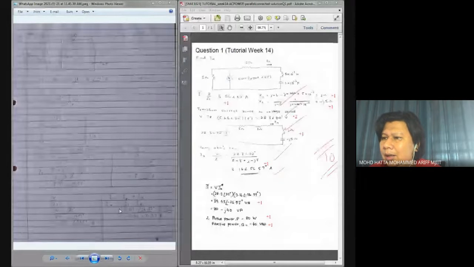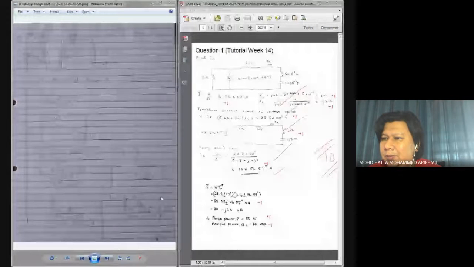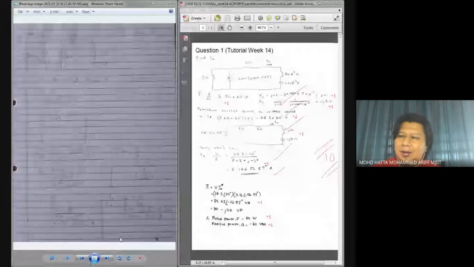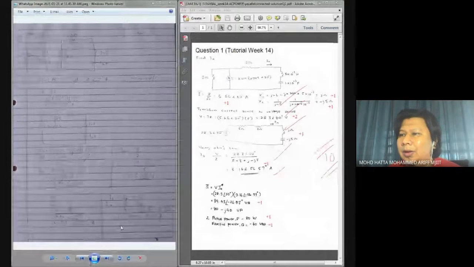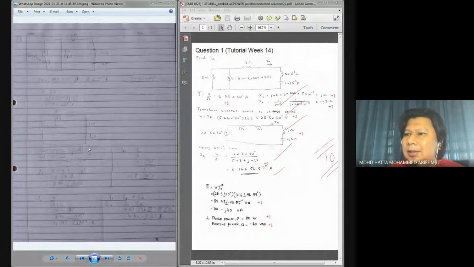So my comment is that this part is not necessary. From here, I can say that Hadif did not have a full understanding of what's going on in this circuit. Because actually this is a series circuit, and in a series circuit, we know that the current will be the same throughout the circuit.